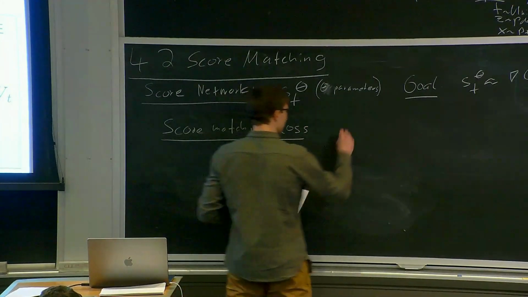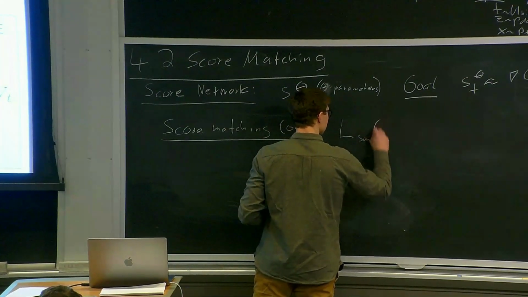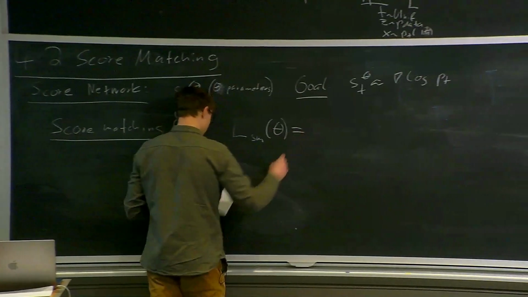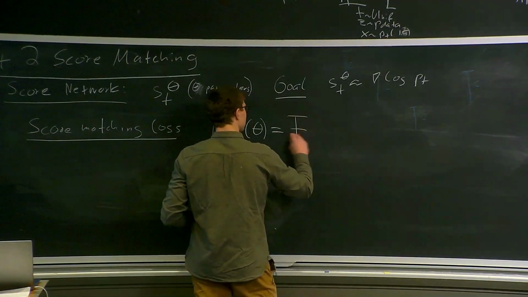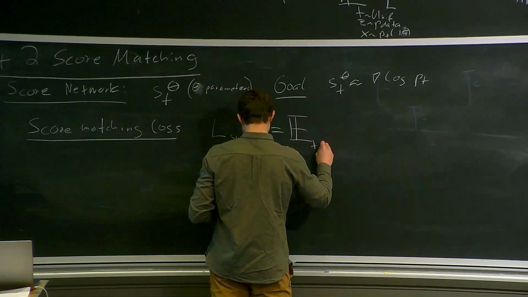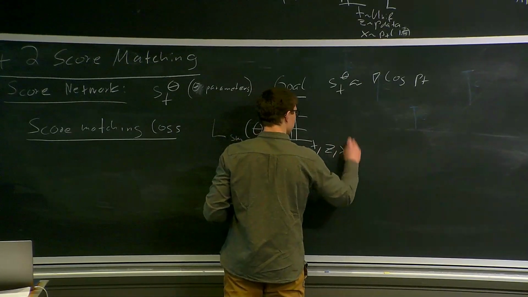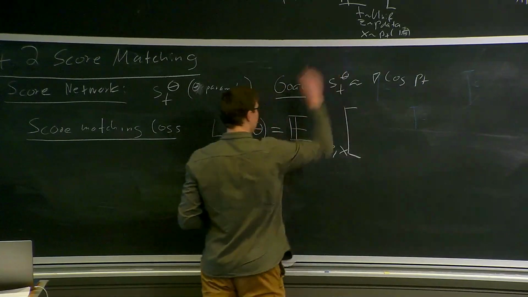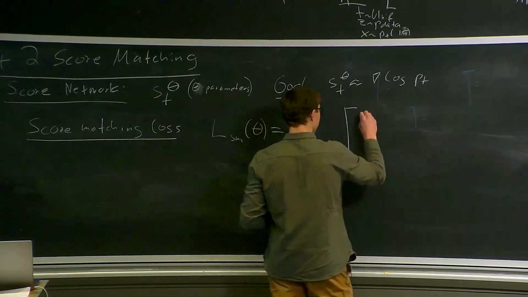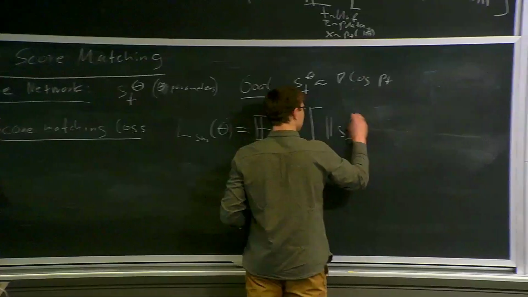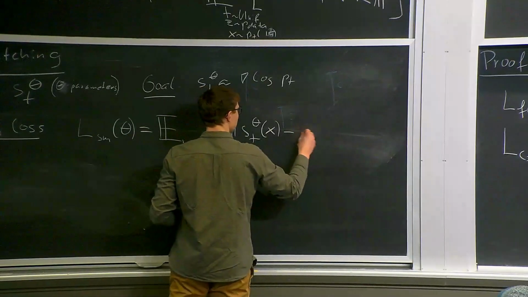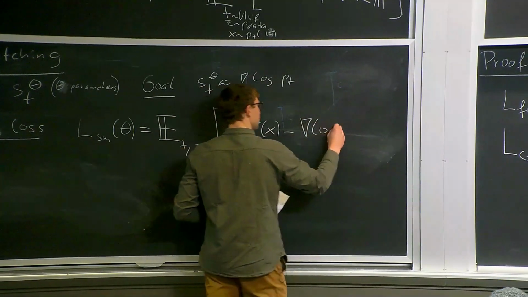Score matching loss. We sample t, and x in the same way as before, so I'm not going to write this down because it's a bit long to write. We evaluate the neural network. We regress against the marginal score.